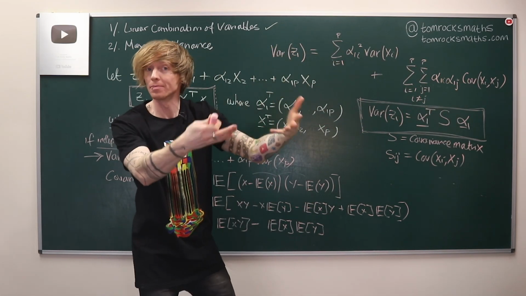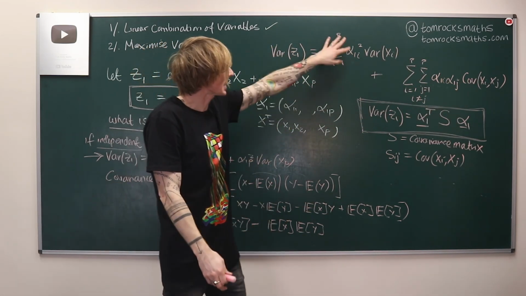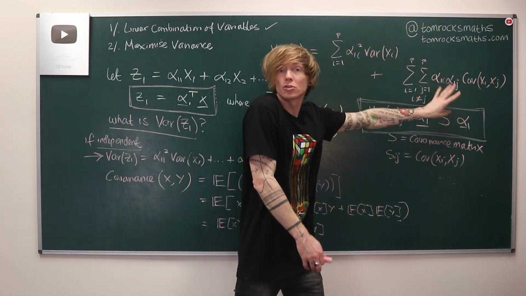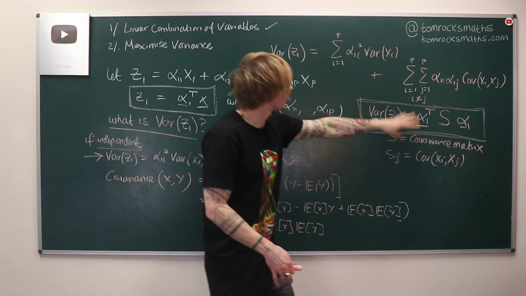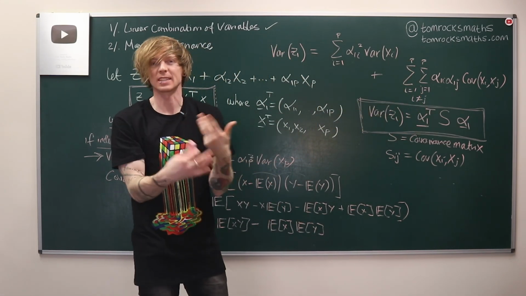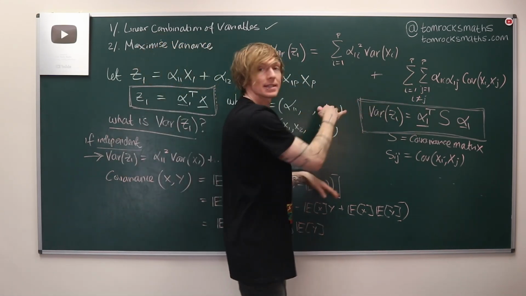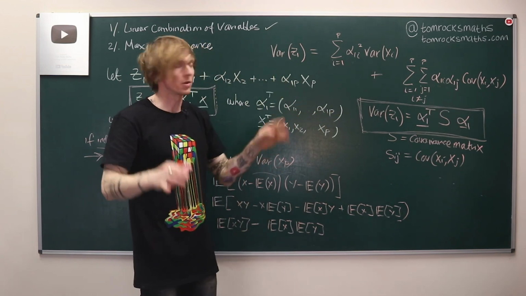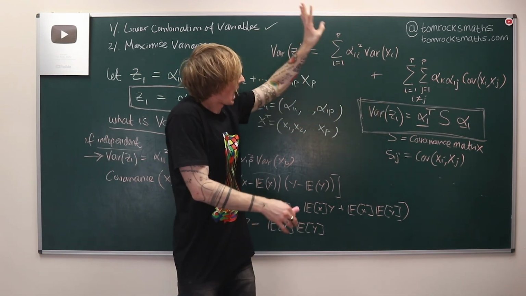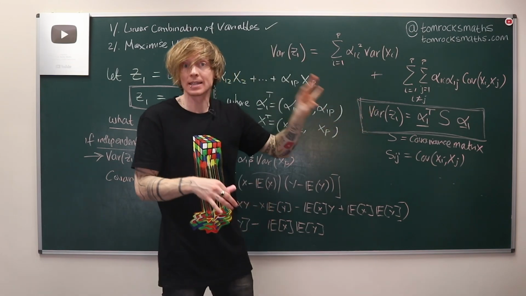Obviously in a simpler form, you're only going to have two terms in here and a couple of other terms in there, and then write out your 2x2 matrix S. Just convince yourself that these two are the same. If you're familiar with matrices and vectors and linear algebra, hopefully this makes sense. But if not, don't worry. We're just going to use this formula now to actually derive our principal component analysis method.